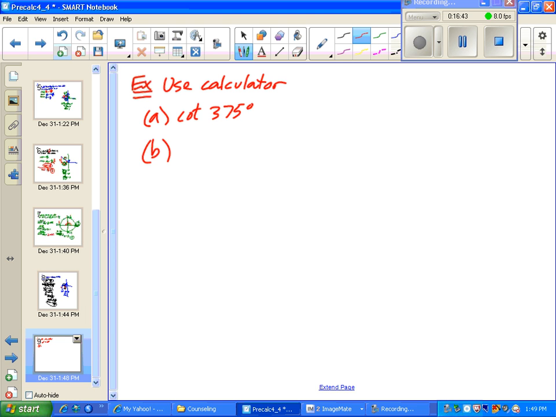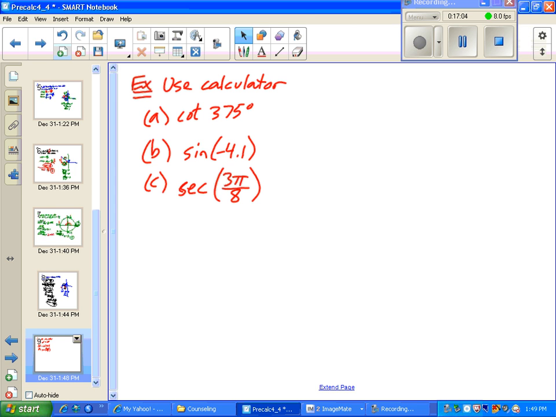And then I'm going to go ahead and find the sine of negative 4.1. Just make sure that you guys can get the same solutions here. The secant of 3 pi eighths. Okay, we're going to do these three real quick. Let me go over to my desk here with my calculator.